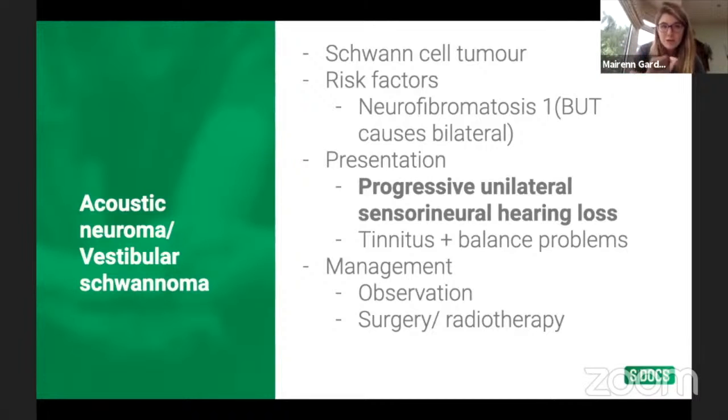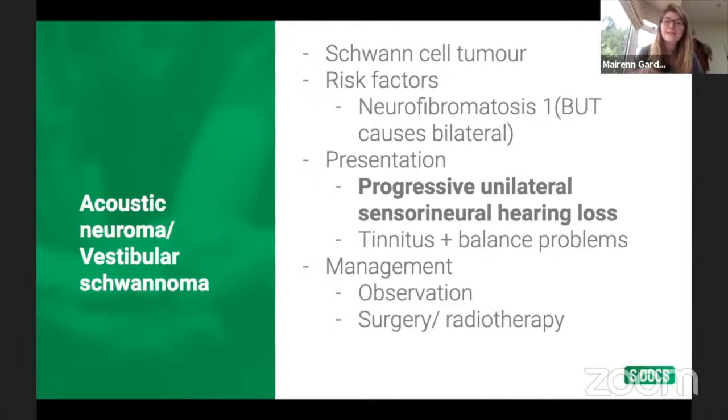It tends to be unilateral, and a kind of buzzword to anyone with unilateral progressive sensorineural hearing loss, you need to think about acoustic neuroma. To complicate it slightly, if these patients have the neurofibromatosis 1 gene, this will actually increase their risk of acoustic neuroma, but it's more likely to be bilateral hearing loss.